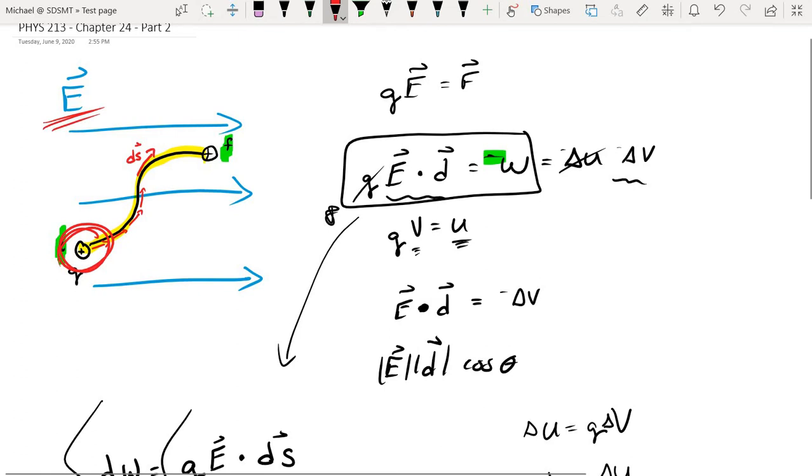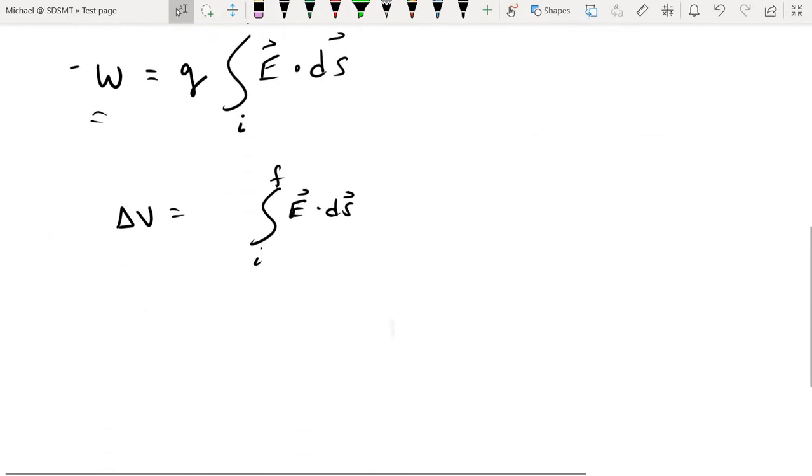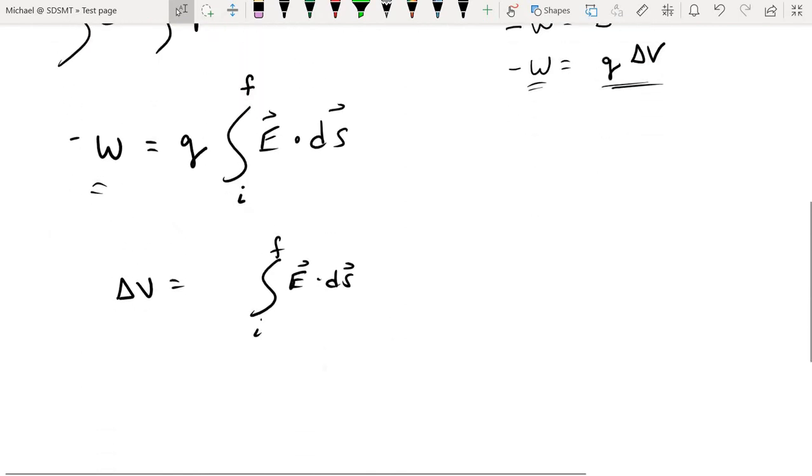We don't need that charge present in order for the field to operate and do things. So by that same line of thinking, got to bring that minus sign down. Don't want to forget that.